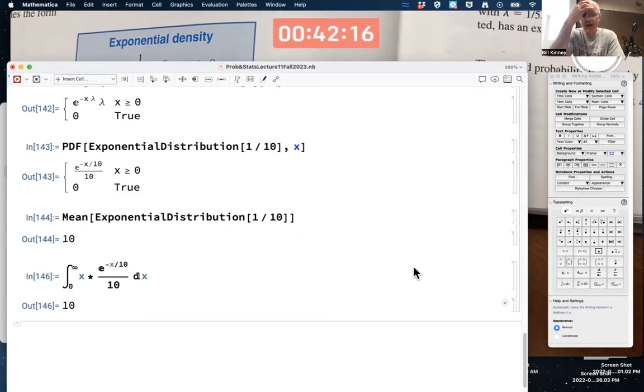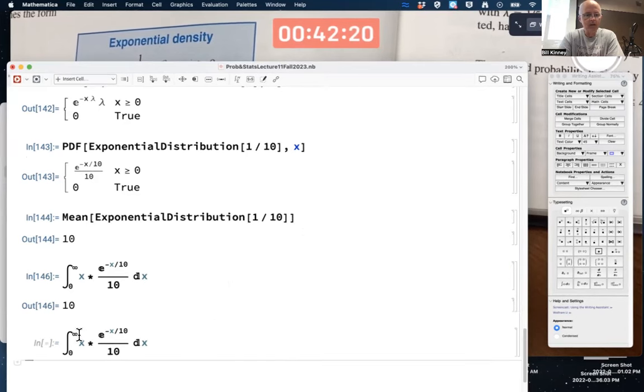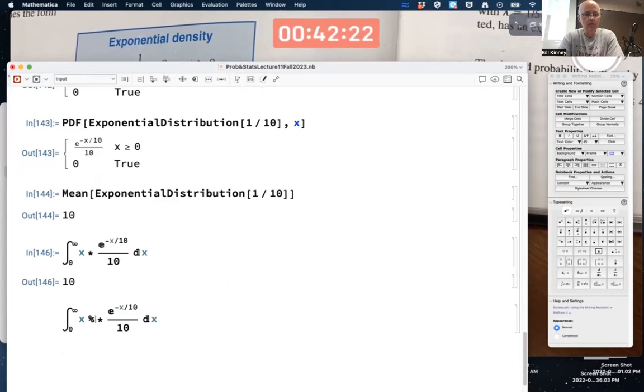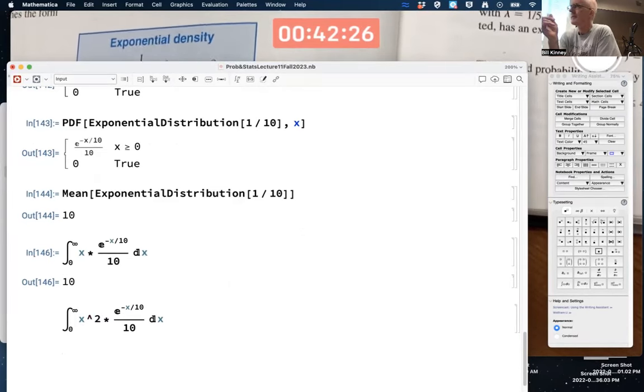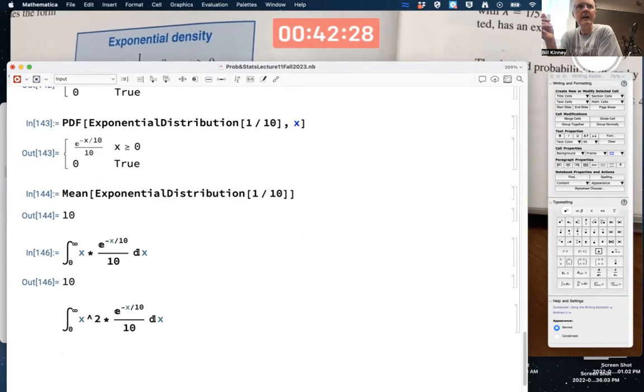What about the variance? Well, first of all, the second moment. Okay, let's think about this. So the variance of a general gamma was alpha times beta squared. Alpha is 1 here, so the variance of an exponential is beta squared.